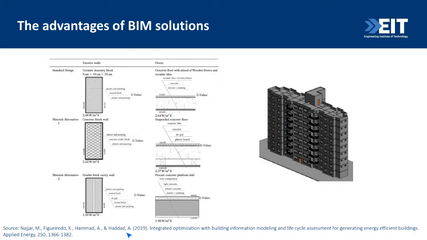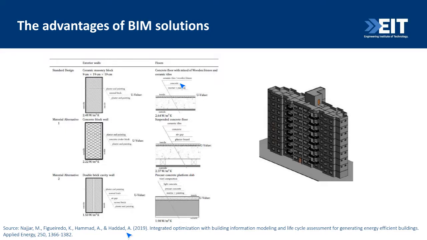In this table, for example, we have information about the components considered standard design in Brazil. And here, standard design about the exterior walls, about the floors, okay? And we also have a list of possible alternative materials established in line with what is available on the Brazilian market.